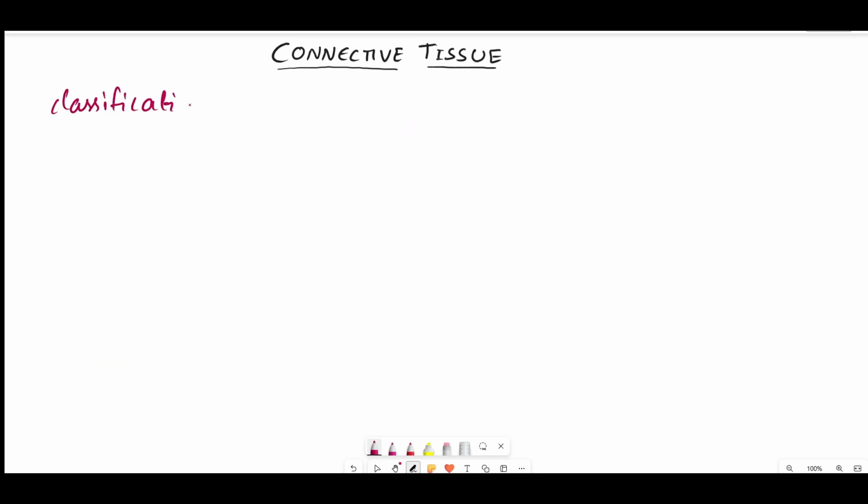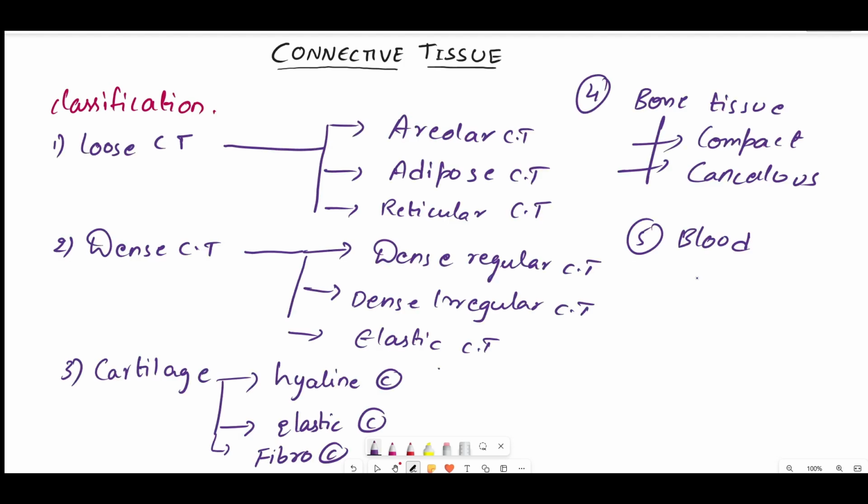Coming to the classification of connective tissue, this is the complete outline. It is divided into five different types. The first one is the loose connective tissue, which is further divided into areolar, adipose, and reticular connective tissue. The second type is the dense connective tissue, which is divided into dense regular, dense irregular, and elastic connective tissue.